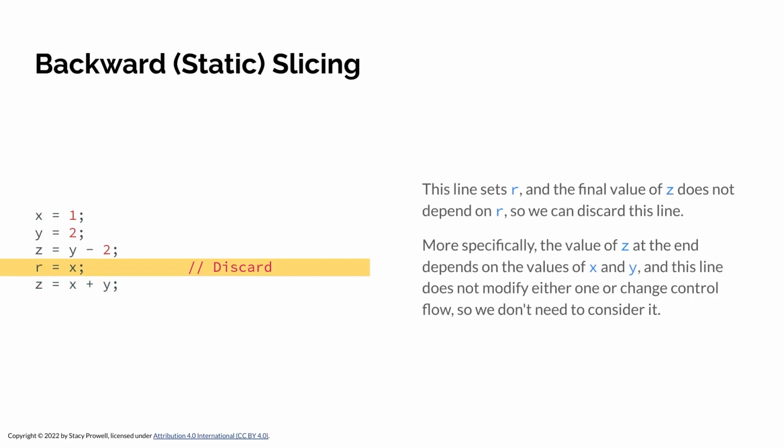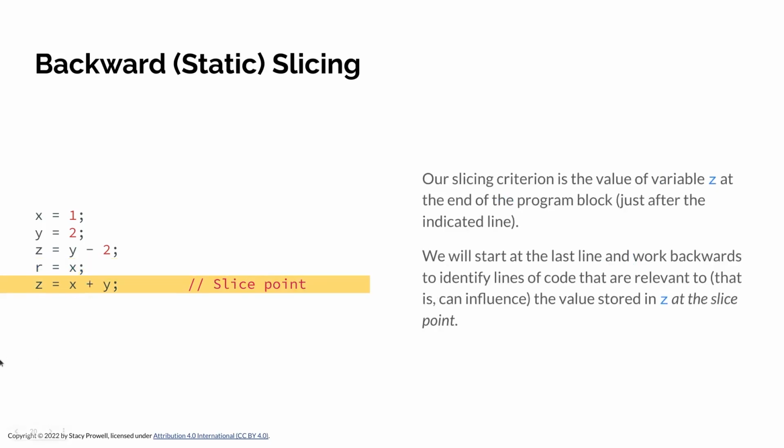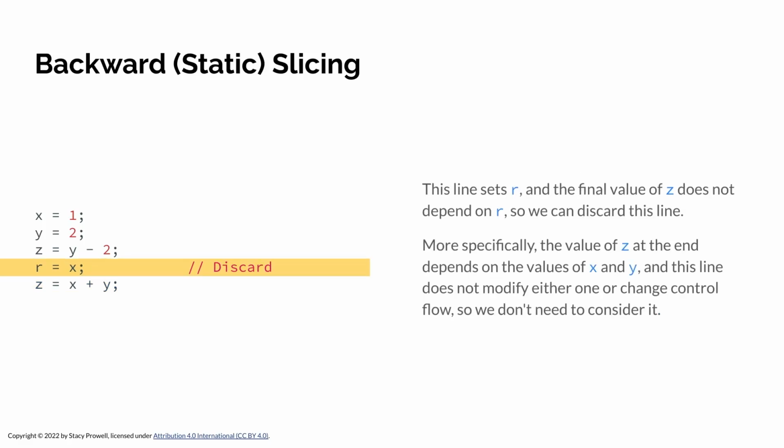Certainly we want this last line. The last line sets z. That could not be more directly relevant to us. Okay, we want that line. We move back one, and let's think for just a minute. I set z here. So z is live because I want to know what it is.